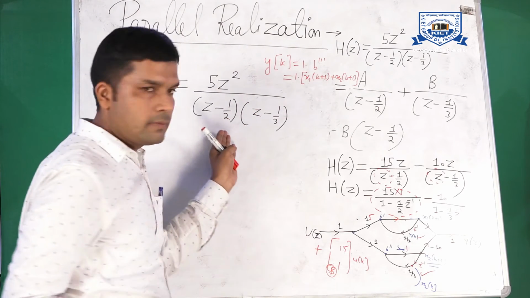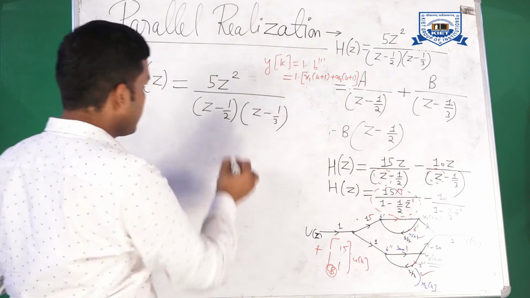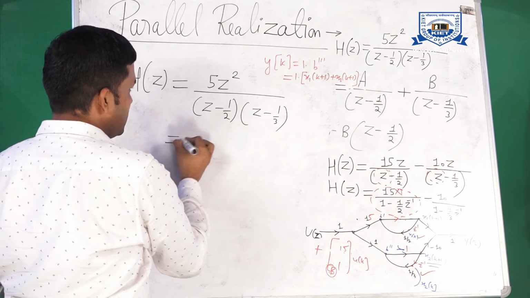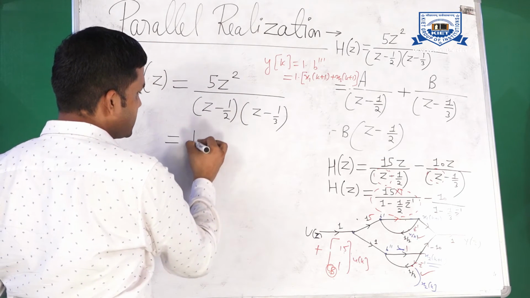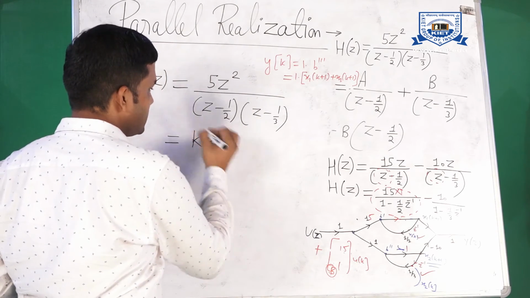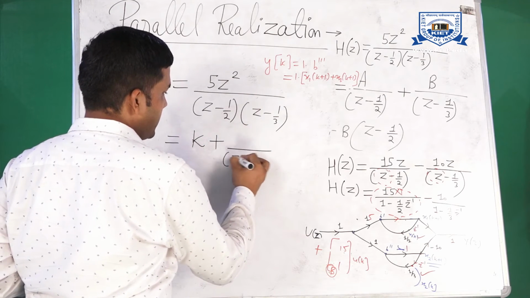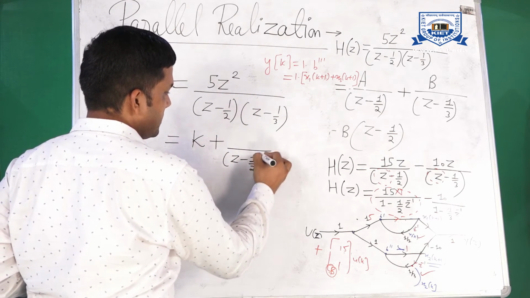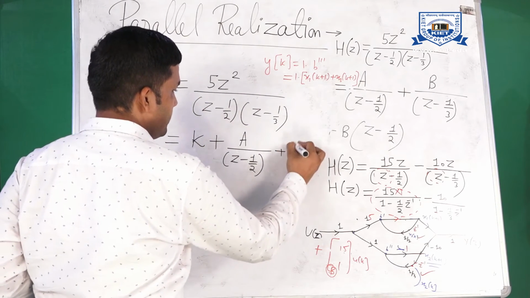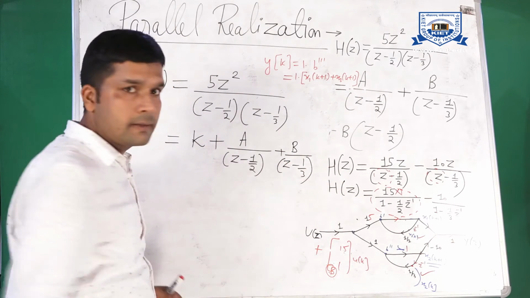Because the order of numerator and denominator is the same, first of all we have to divide the numerator. Then we get some constant k plus a/(z - 1/2) plus b/(z - 1/3).